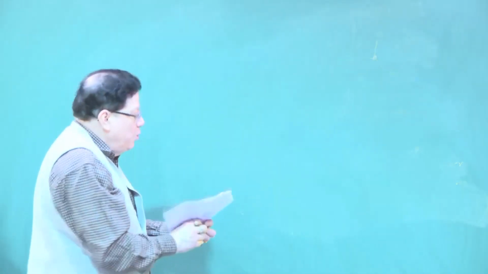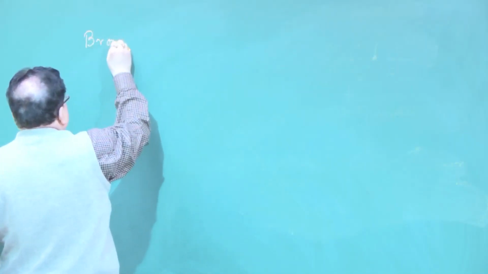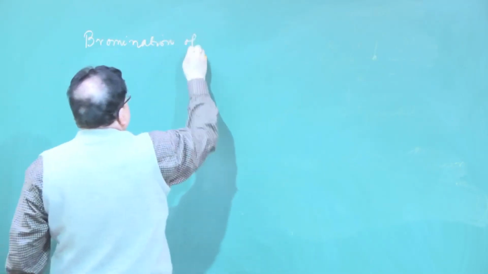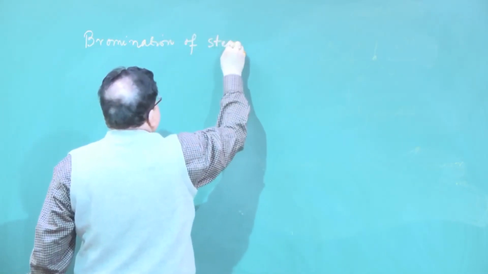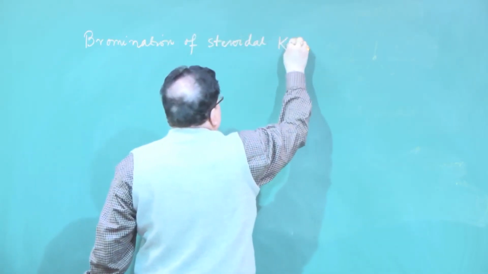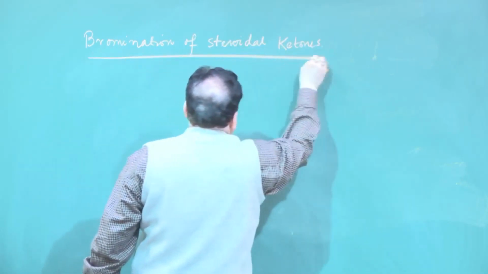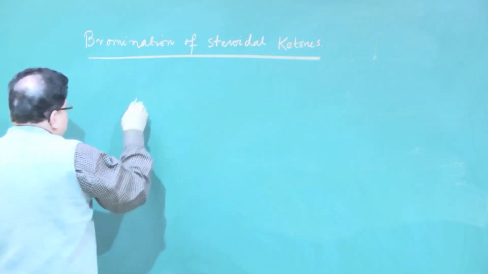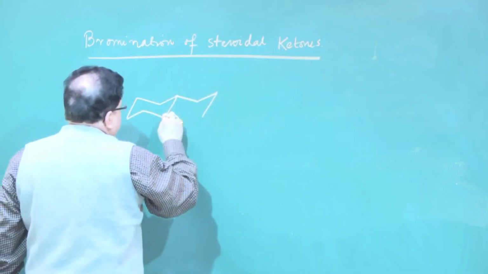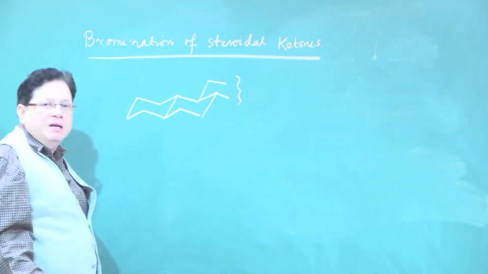Okay. Bromination of steroids, of steroidal ketones. Okay. So, let us take a steroid molecule. We are not drawing the C or the D rings.